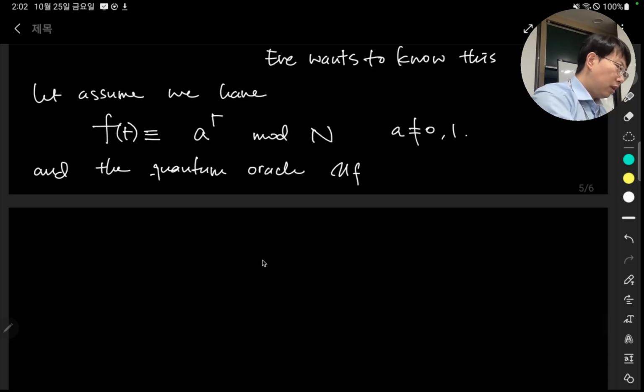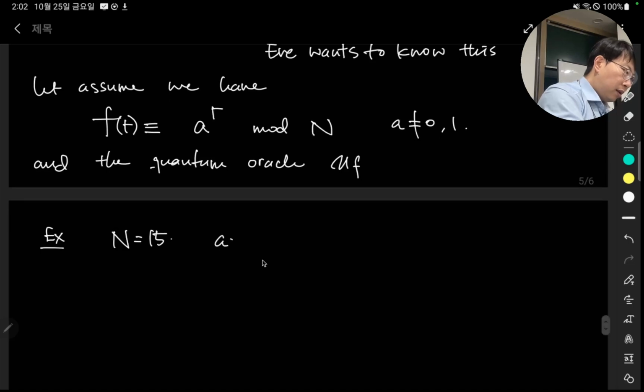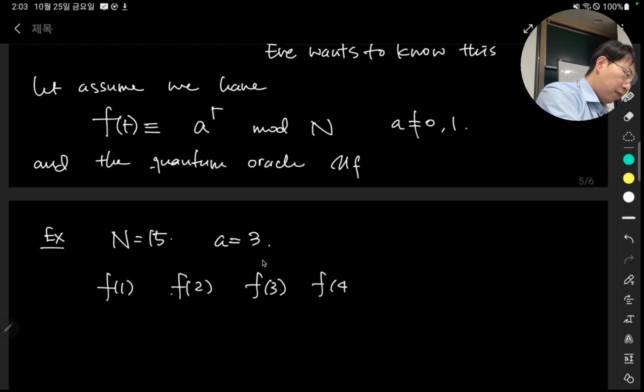So let's give it an example here. I set n equals 15, and let's say, I'm going to make a different example, a equals 3. So f of 1 is 3, f of 2, let me write it in a row.